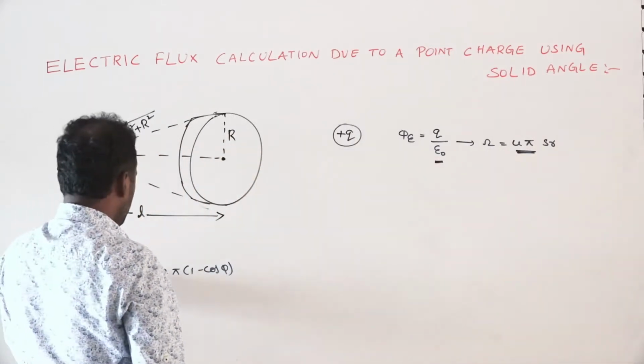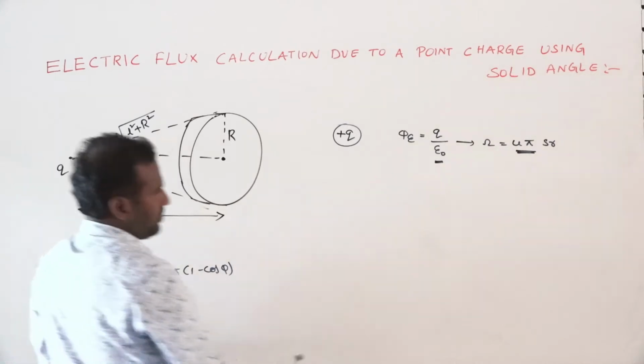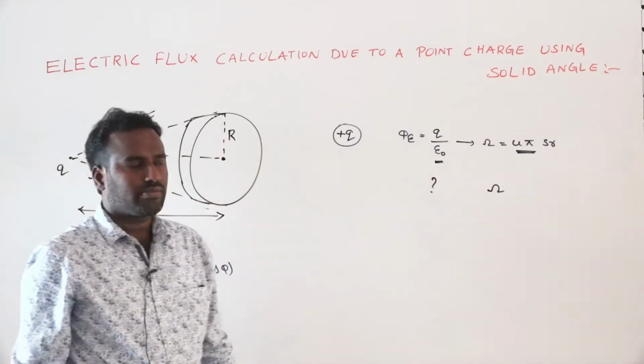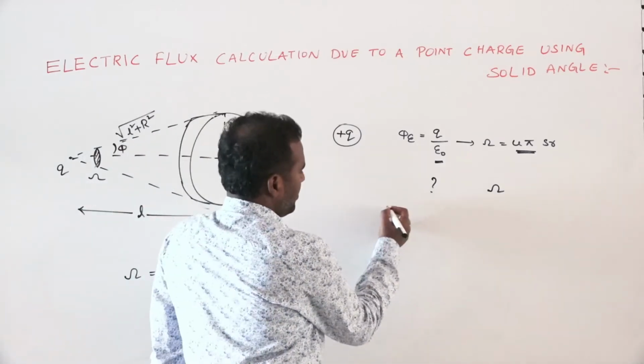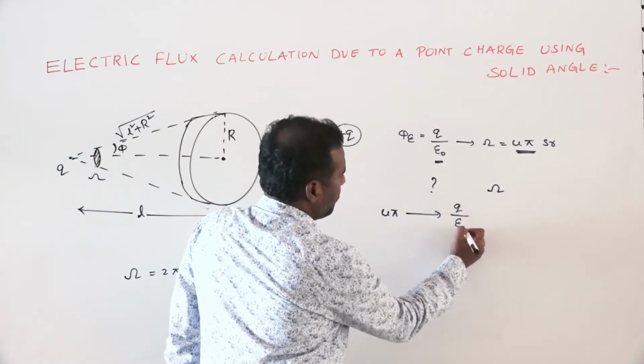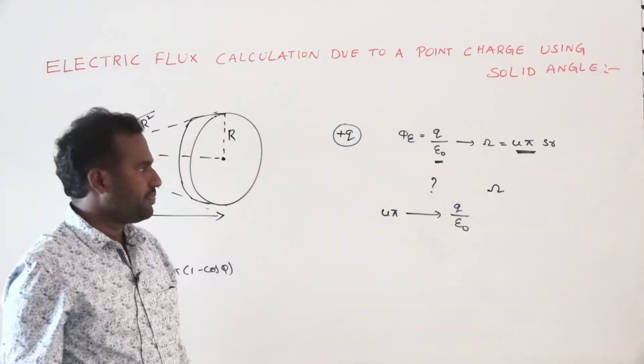Similarly, here for a solid angle omega, how much flux is present? For 4 pi steradian, the flux due to the point charge is q by epsilon naught.